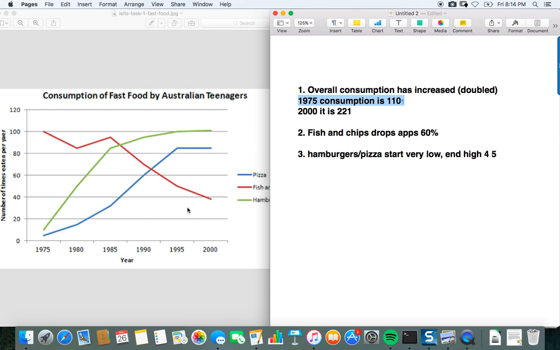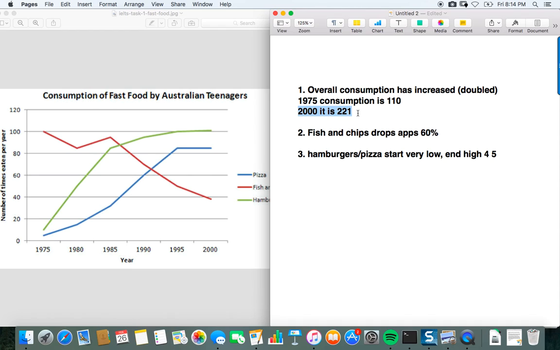Now, if you look at 2000, even though this one's dropped, overall, the consumption of fast food is higher. So in 2000, you've got 100 plus about 82, 83, plus about 39, and we've got about 221, more or less. It doesn't really matter as long as you say that it's approximately there.